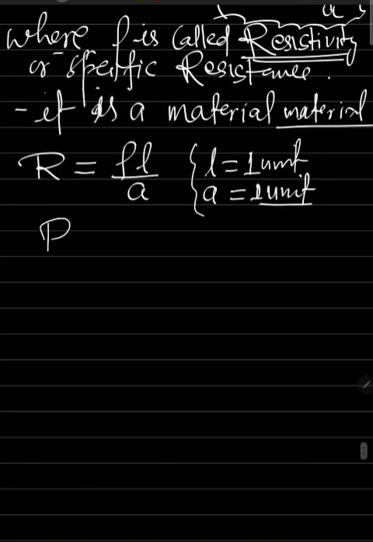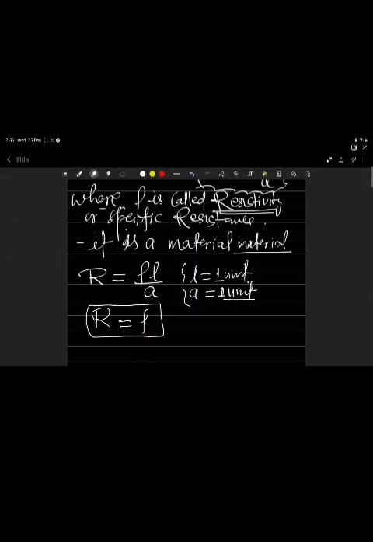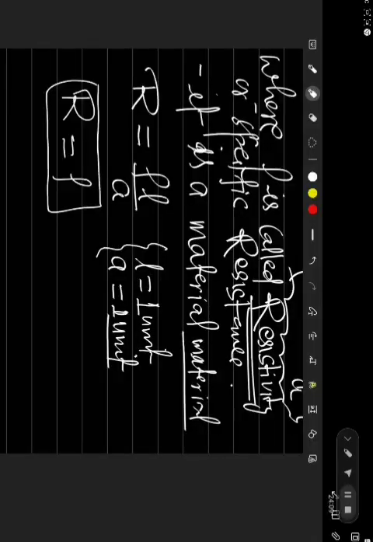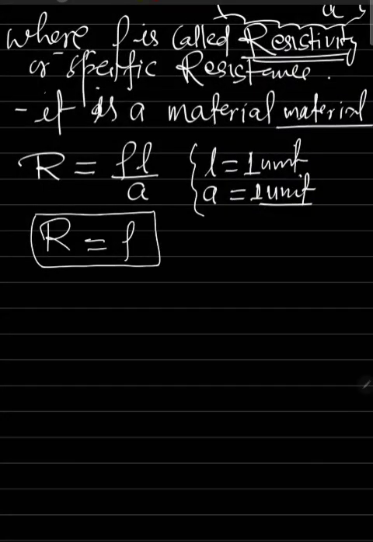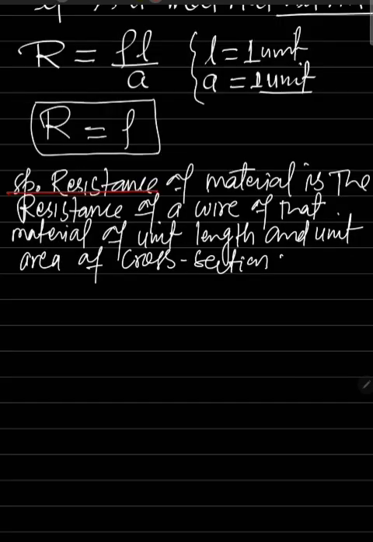At that time R will become equal to rho. So through that we can define resistivity. The specific resistance of a material is the resistance of a wire of that material of unit length and unit area of cross section. That is the definition of specific resistance.